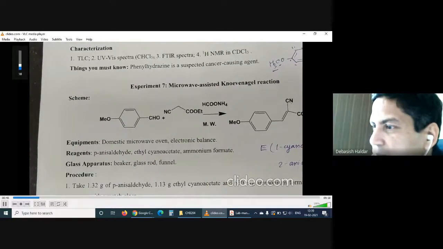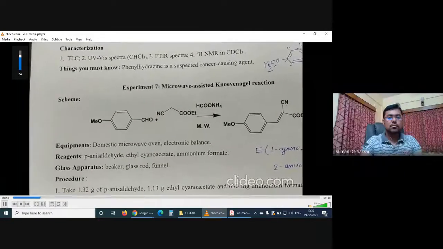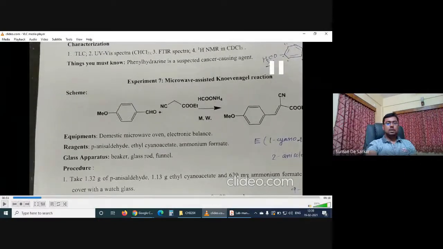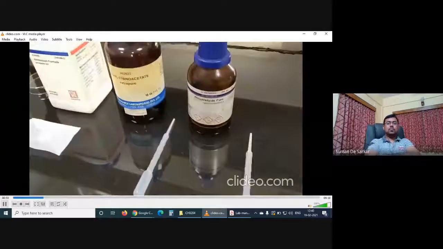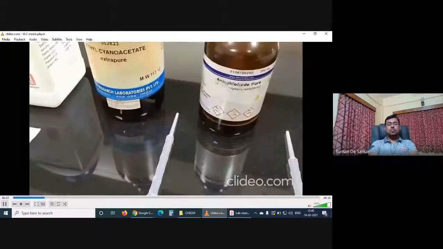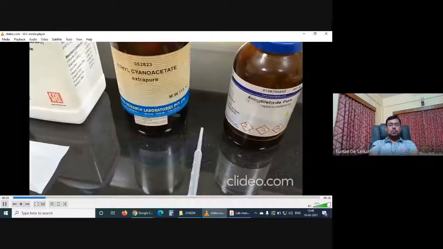So it's a Knoevenagel reaction. Is it good enough now? Yes. These are the chemicals required: anisaldehyde, ethyl cyanoacetate, and ammonium formate.